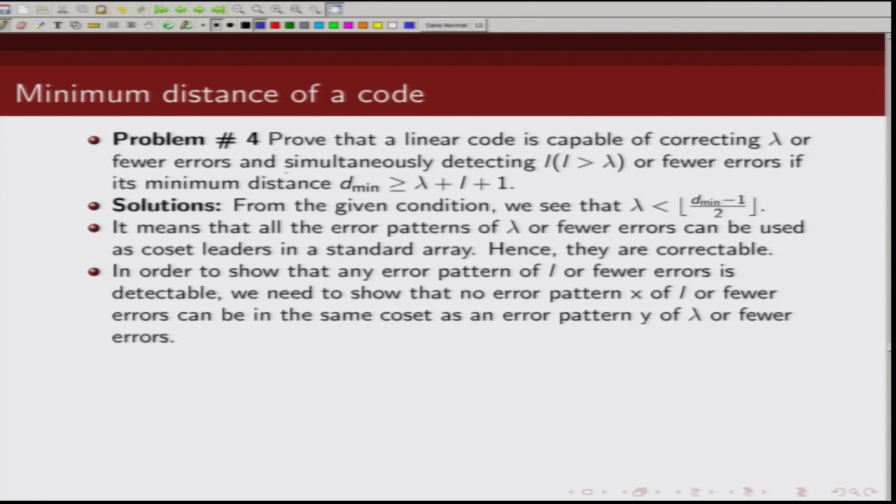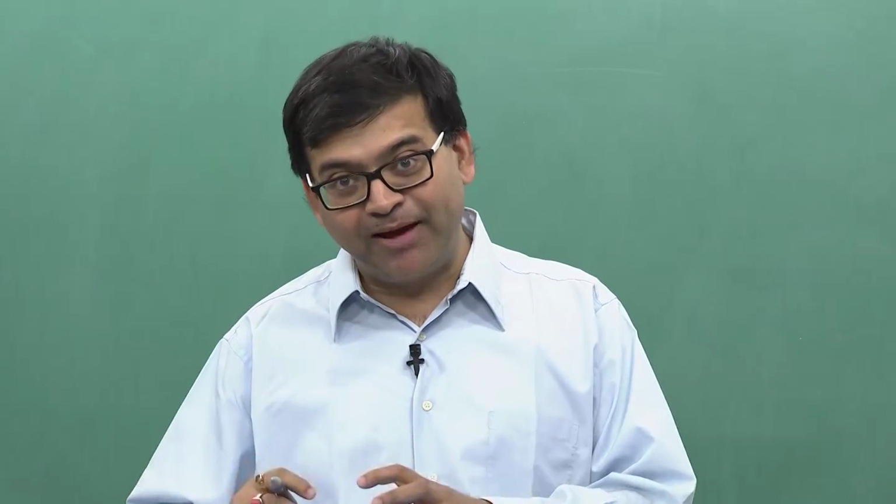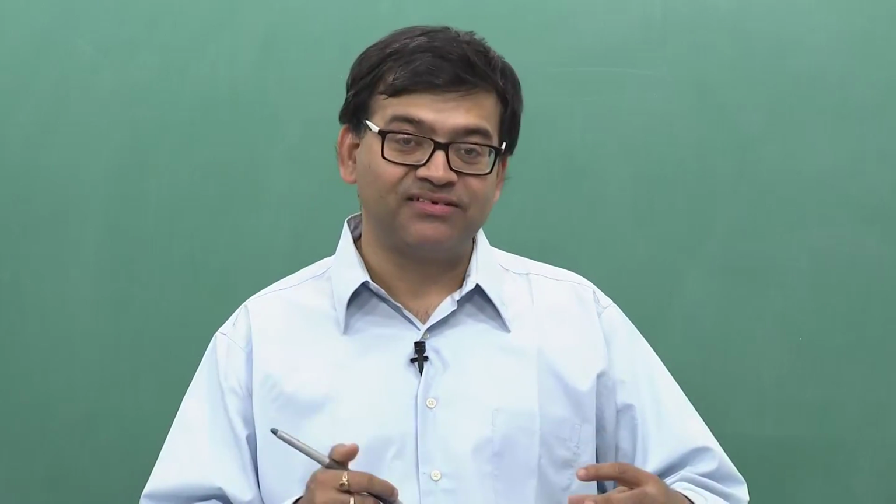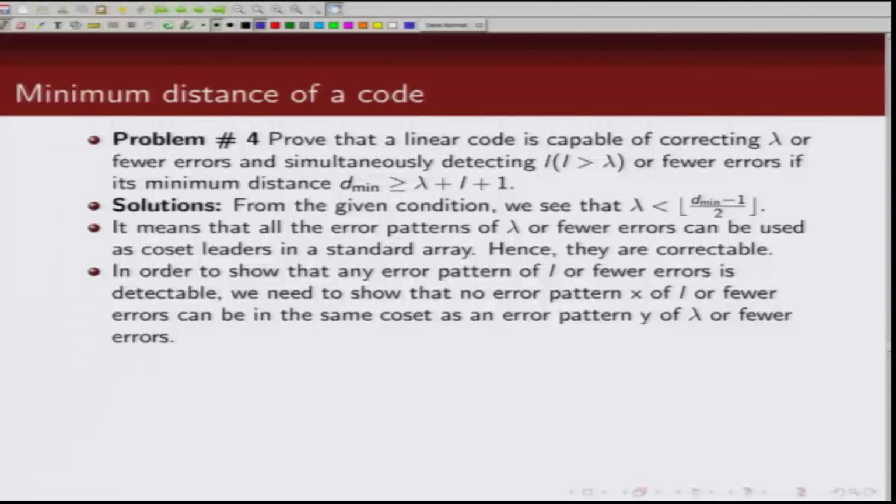Next, to simultaneously detect L errors, we have to show that none of these error patterns of weight L or less are in the same coset as these error patterns of lambda or fewer errors. So, we need to show that no error pattern x of weight L or fewer is in the same coset as an error pattern y of lambda or fewer errors.